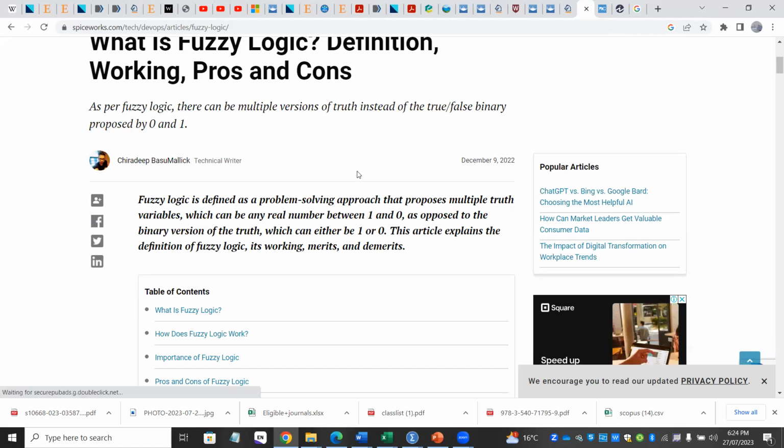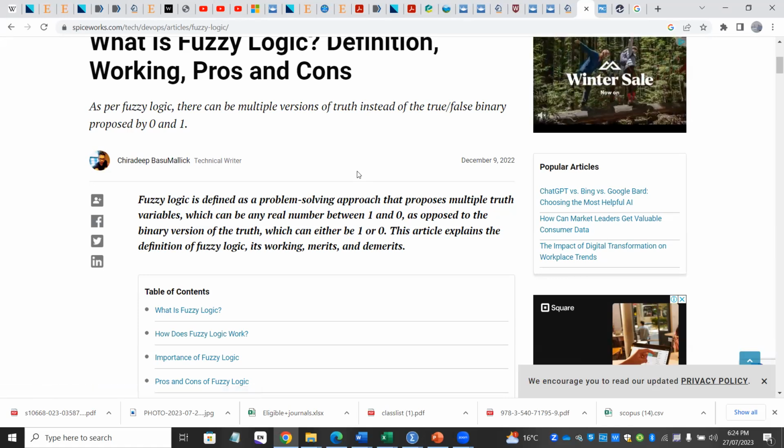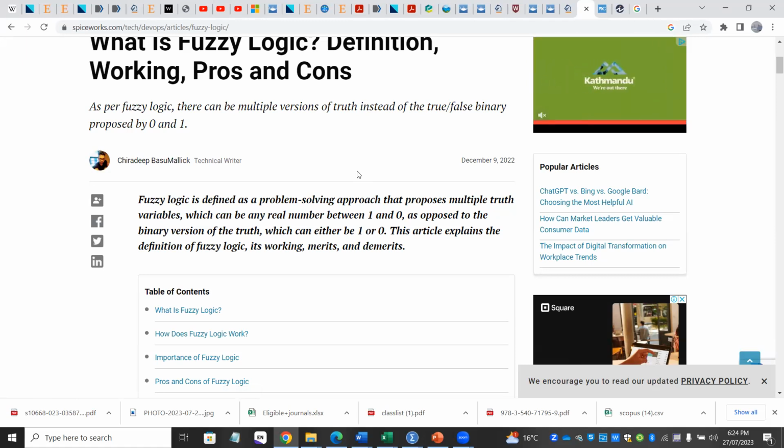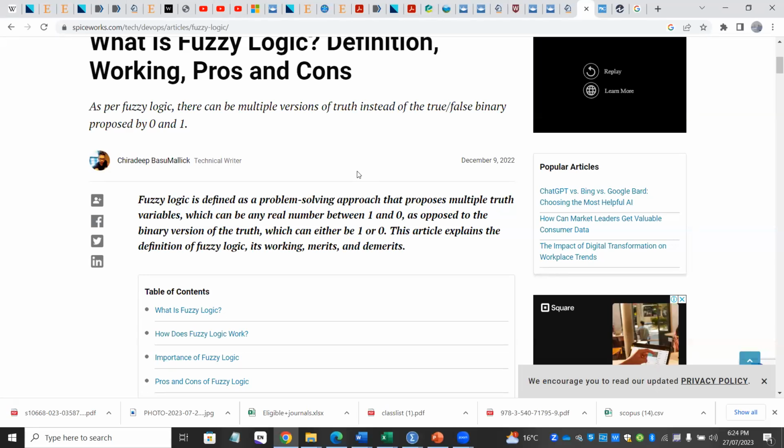So what is this whole fuzzy logic thing? Fuzzy logic is defined as a problem-solving approach that proposes multiple truth values, which can be any real number between 1 and 0, as opposed to the binary version of the truth. Normally, if somebody asks you, have you eaten?